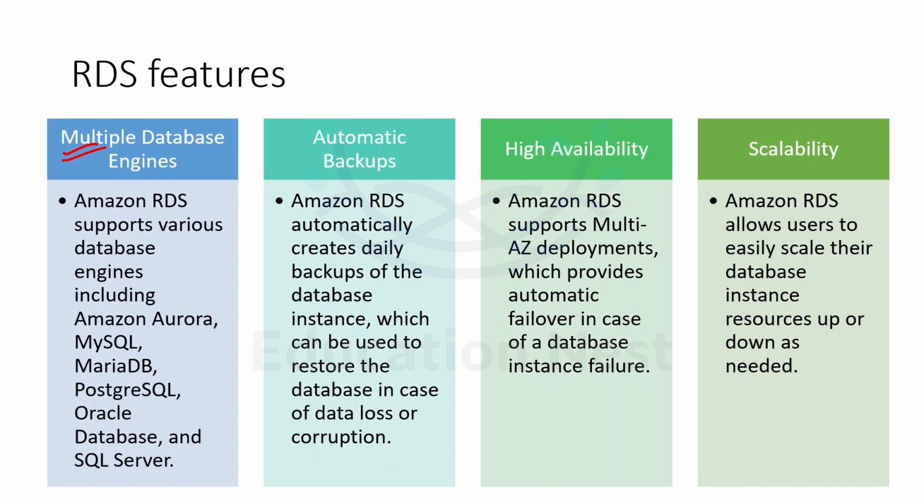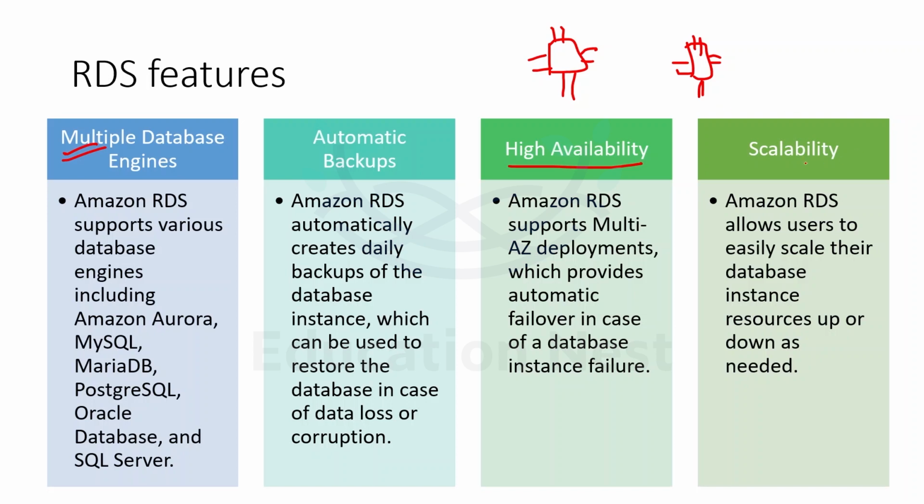It provides us with high availability using multi-AZ deployments. We will be discussing multi-AZ deployment very soon. These are the advantages of using the managed service, because if you are not using it, high availability and scalability all come under our responsibility. We have to make sure that our EC2 instances hosting our database are running in multiple AZs.